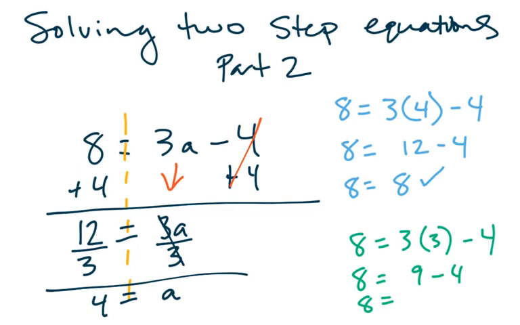It has to equal 8. 9 minus 4 equals 5. Is that a true statement? 8 equals 5? No. So we write it like this, and that means that we did something wrong and our answer is not correct. Okay? So let's remember to always check our work. And then remember what it looks like when we get a wrong answer.